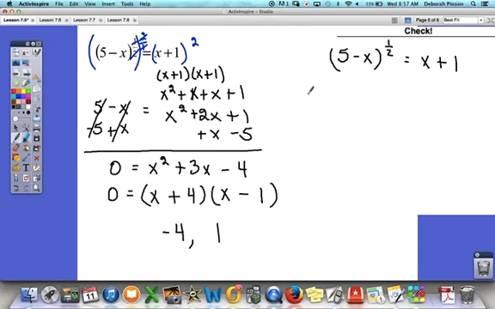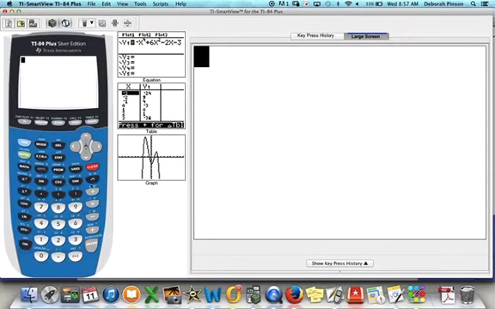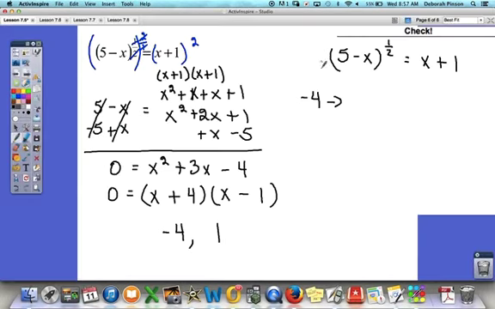So I'm going to just start by checking the negative 4. Now I'm going to do this one again in my calculator. So first thing I'm going to do is put the negative 4 and store it as x. Then I'm going to type in the left-hand side of the equal sign, see what it equals. Type in the right-hand side, I could probably do that in my head, see what it equals, and then see if they equal each other or not.